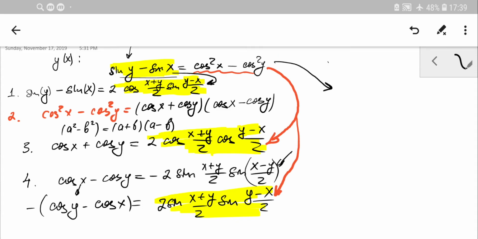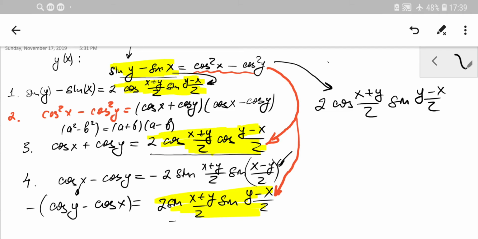So difference of sine will be 2 cos (x+y)/2 sin (y-x)/2, and then we just have the product of this part and this part.